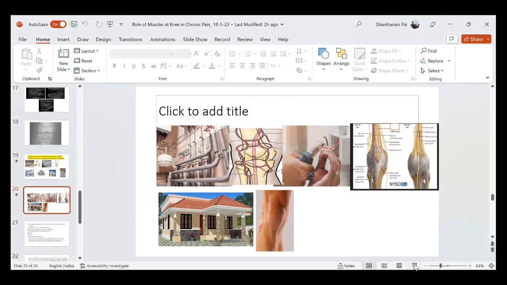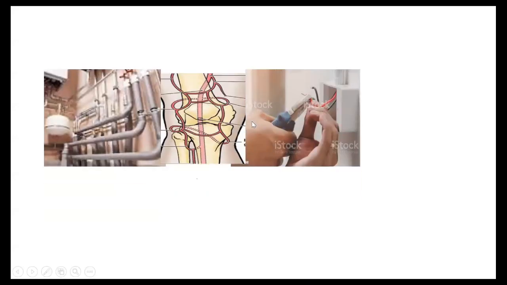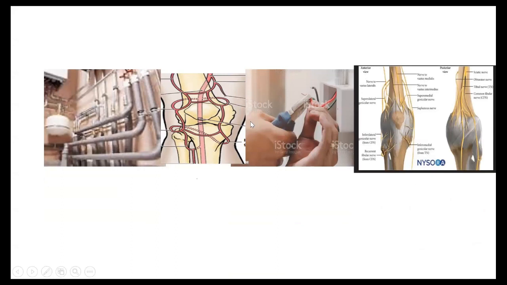So we're talking about the complex innervation of the knee joint. Superolaterally, it is supplied by 4 nerves. Superomedially, it is innervated by the superomedial genicular nerve, which is a branch of the femoral nerve, the nerve to the vastus medialis, as well as the medial branch of the nerve to the vastus intermedius.